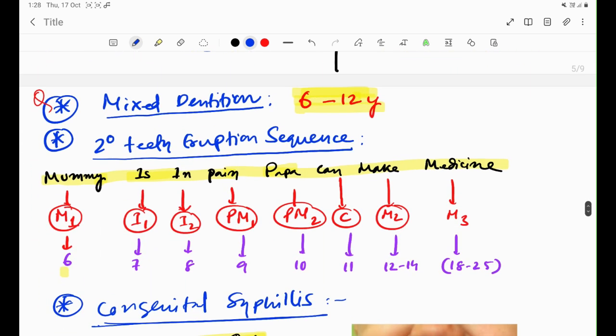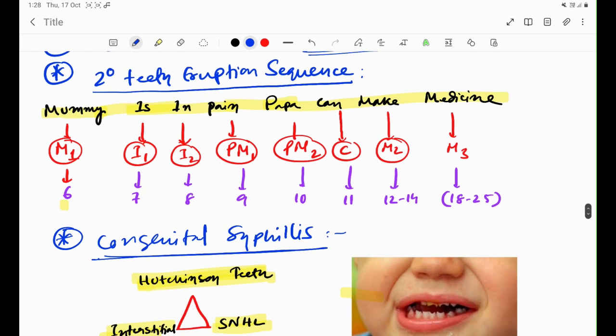Now mixed dentition is between 6 years and 12 years, where you have overlapping of both primary and secondary dentition. Now there is a nice mnemonic to remember the sequence of eruption of your secondary teeth. The mnemonic is: mummy is in pain, papa can make medicine.